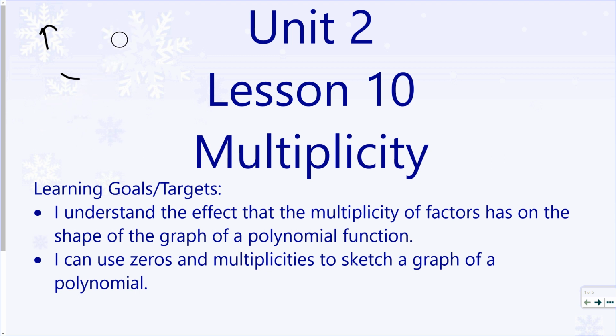So we also know from our previous work what x-intercepts do, so we can describe where x-intercepts are on a graph. If I have a picture of a graph here, a function like this, I can describe its end behavior.